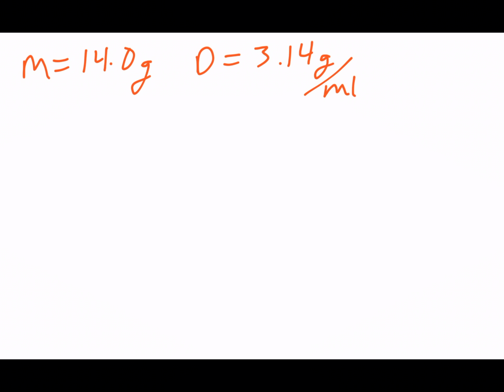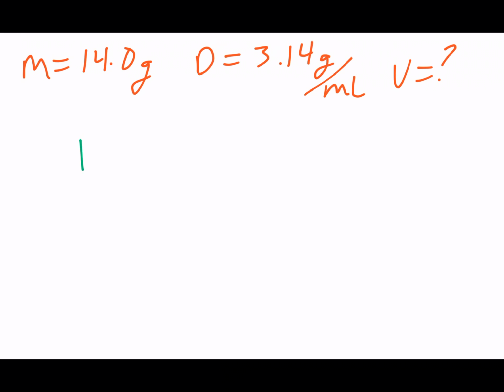All right? So let's just give you a little example problem to see if you can do this. Let's say the mass is 14.0 grams, and my density is 3.14 grams per milliliter. Could you find the volume?